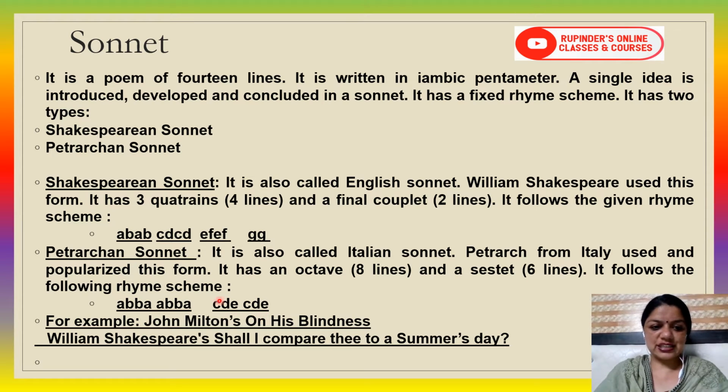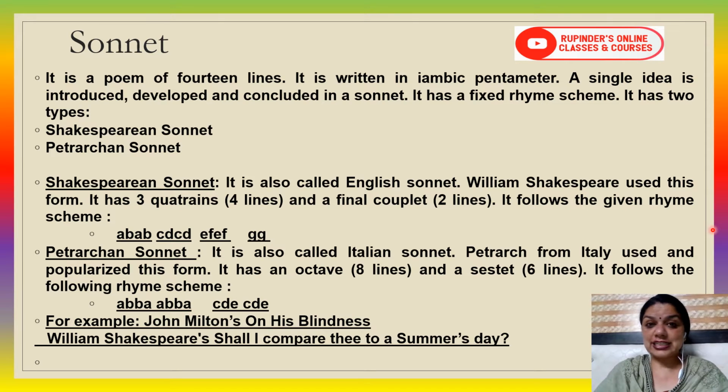This is sestet. So examples are John Milton's On His Blindness and William Shakespeare's Shall I Compare Thee to a Summer's Day. That is really important, and it's very beautiful kind of sonnet where he has immortalized the beauty of his friend Earl of Southampton, and he is not even exaggerating the value of his poetry when he says that मेरी poetry दुनिया रहते तक रहेगी, and people will, as long as my poetry is going to stay, people will remember you and your beauty.